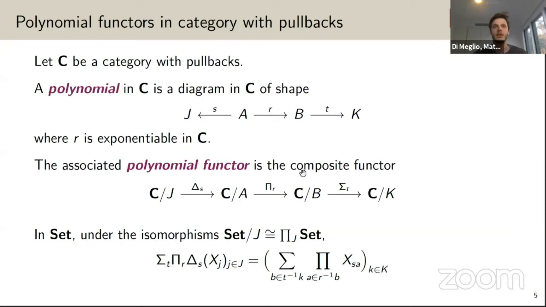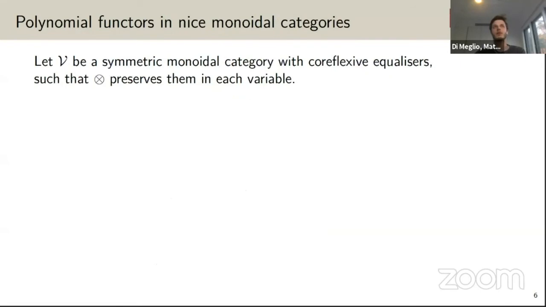And then the action of the associated polynomial functor on one of these J-indexed families of sets is to produce this K-indexed family of sets where each component is a multivariate polynomial in the sets that we started with.